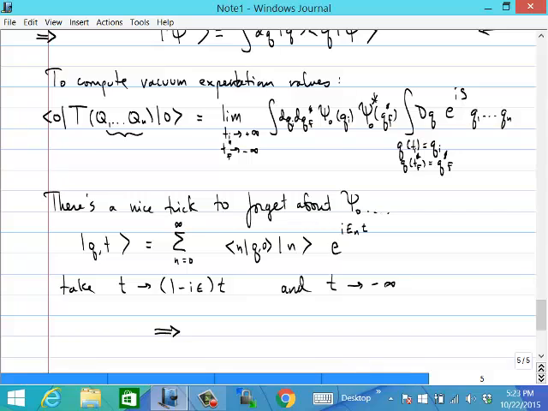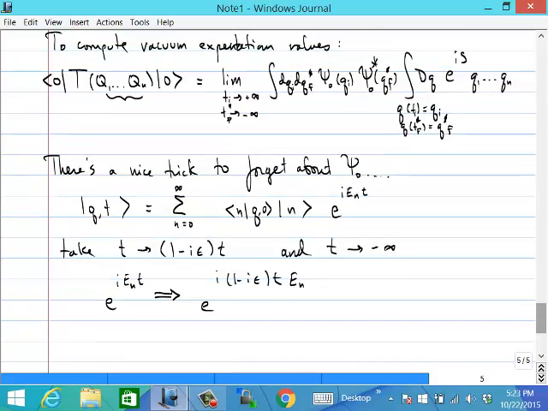Well, the e to the i E_n t becomes e to the i (1 minus i epsilon) t times E_n. And when t goes to minus infinity, the different terms in the sum over n will pick up factors that are exponentially large, that go like e to the epsilon times the energy.